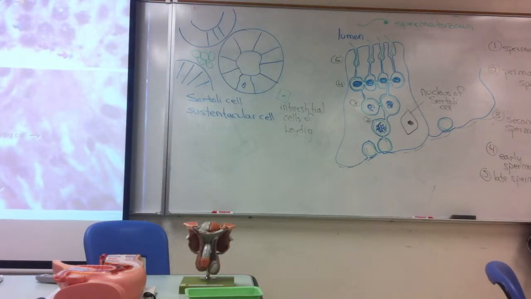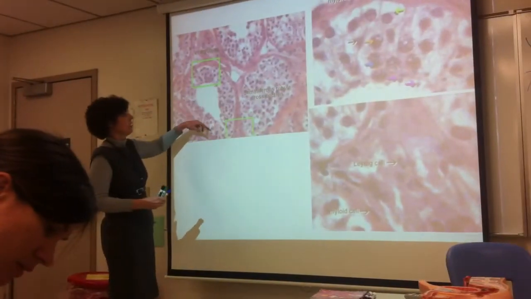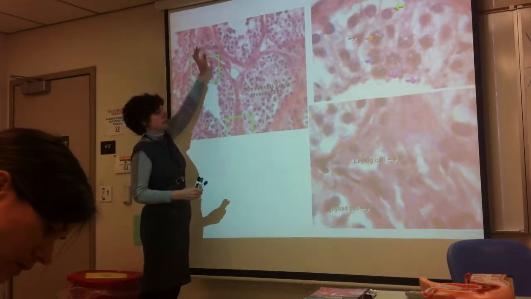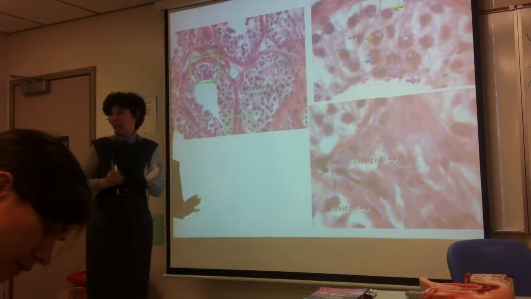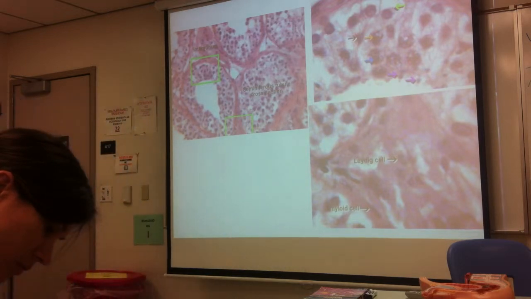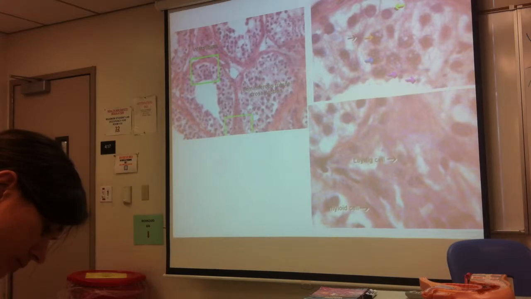So here's a lower power view of several cross sections, and the interstitial cells are found in the gaps between those cross sections, where the blood vessel, the capillary supply, is located. Pretty good size, right? On page 60, there's a description and an image of these.